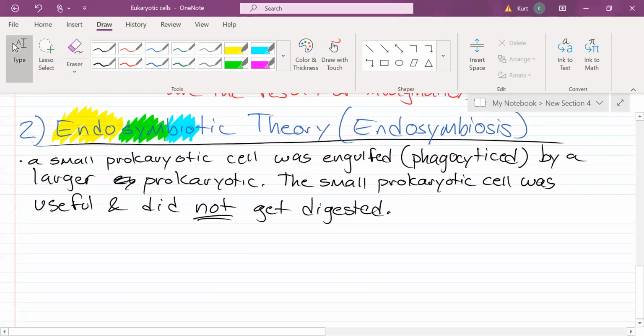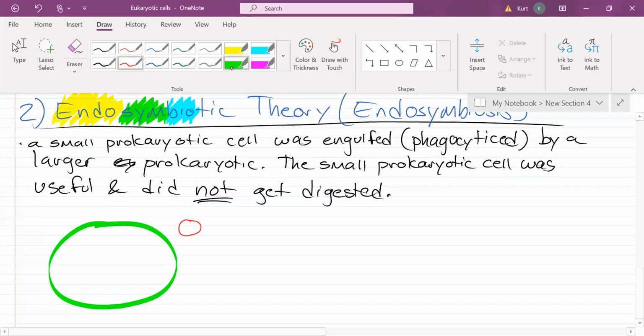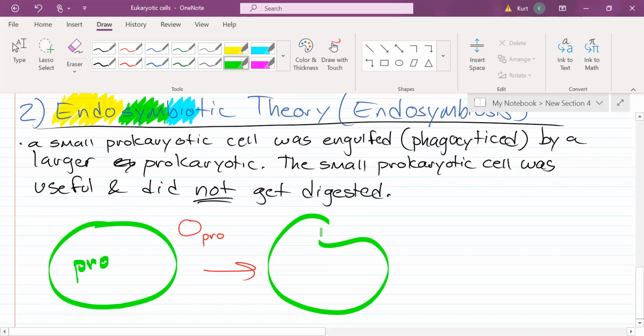All right, so here's what happened. Here we have a large eukaryotic cell, and here we have a small, I'm sorry, I apologize. That green is a large prokaryotic cell, and this is a small prokaryotic cell. Well, the big prokaryotic cell is hungry, so it's going to engulf the smaller prokaryotic cell for food.